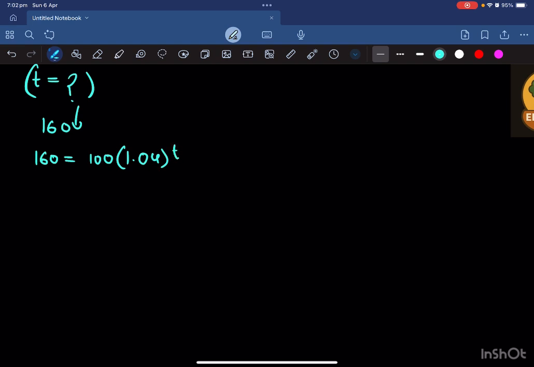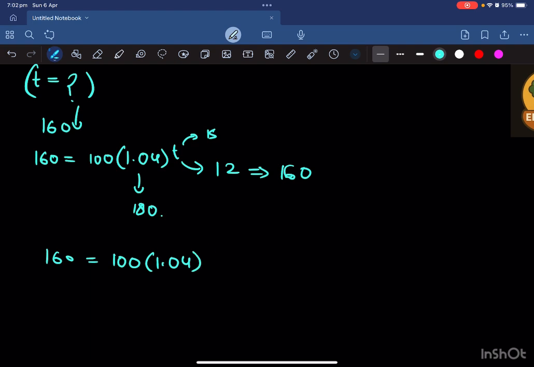On calculation, as I have also calculated this question before taking the lecture, when I put 15, it gives around 180, and when I put 12, it gives me 160 point something. So it is near to 160. So we can put 100 into 1.04 to the power 12.